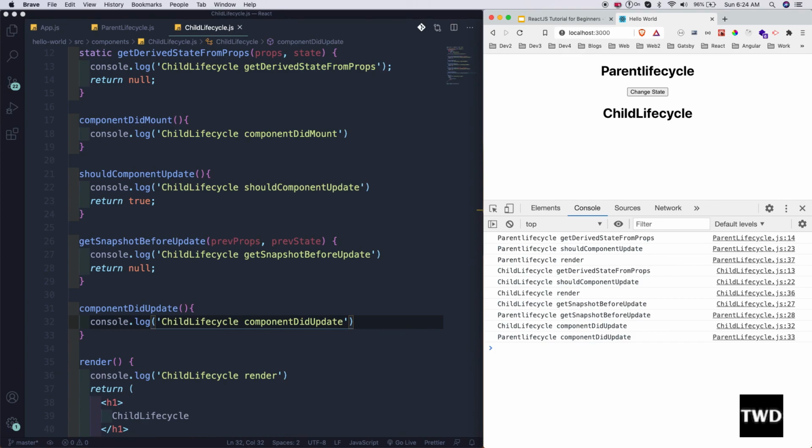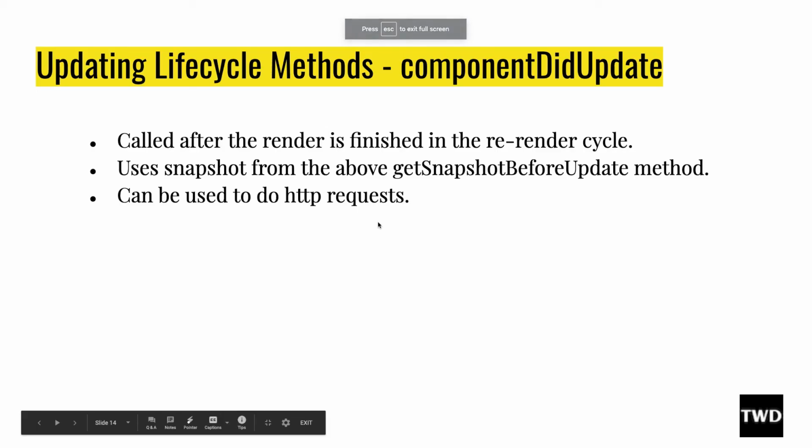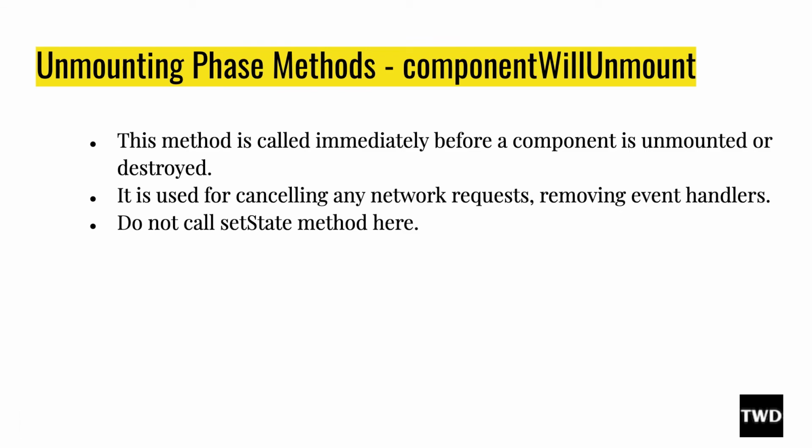So unmounting, we have one thing left out, the unmounting phase. Although we will not see it, let us complete it, the unmounting phase also, and we will call it complete. So component will unmount is there in the unmounting phase. This method is called immediately after the component is unmounted or destroyed.